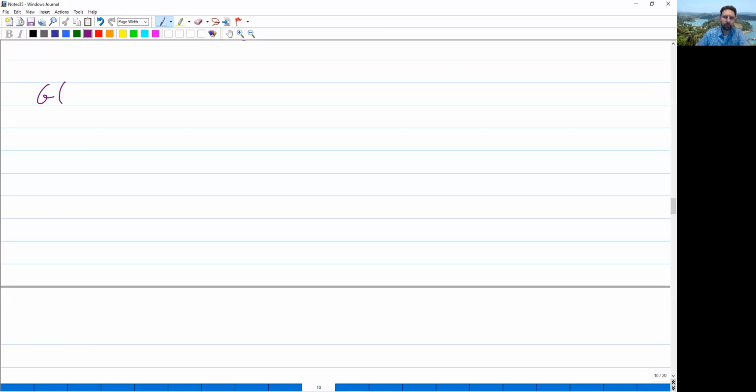So G of xd, xe, t, t naught is then equal to the limit n going to infinity of the integral, many of them, and then 1 over 2 pi h bar to the power of 3n.